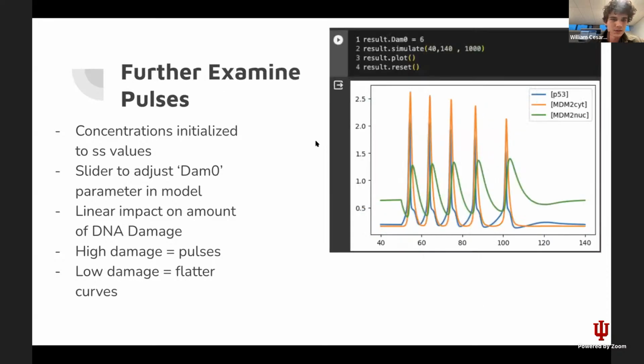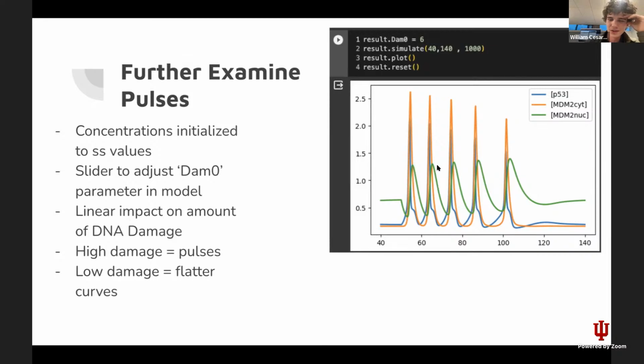And I found these pulses interesting. So I wanted to see, okay, how much could we push this? So I turned the parameter up to 6, plotted it for a longer period of time, and saw 4 pulses. The function of these pulses is sort of debated.